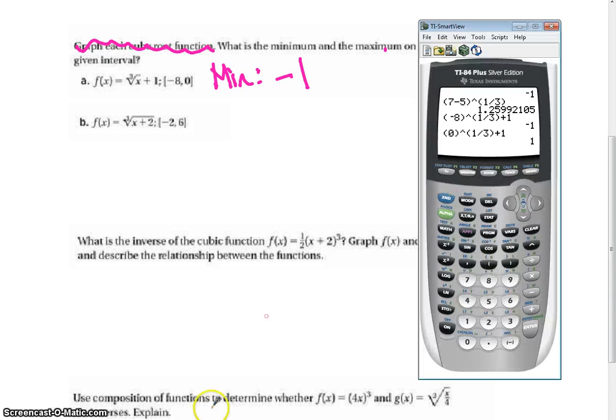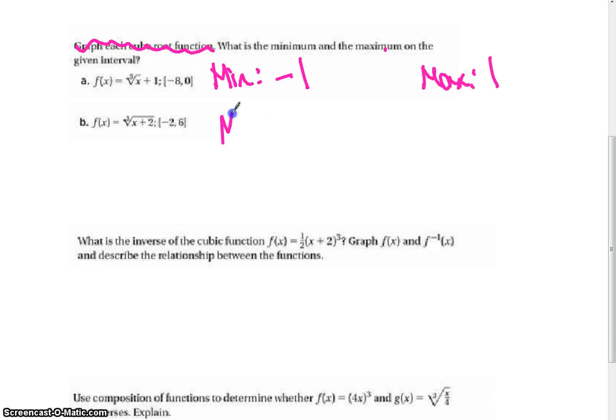Okay, so this is going to be the same thing, except when you put it in, let's just clear this out. You're going to say open, and you're going to say -2 plus 2. Remember we're finding the minimum first. Rooftop open, 1 divided by 3, close. And there's nothing after that, so you would just enter, and so your minimum is 0.